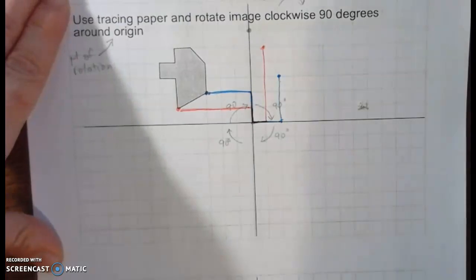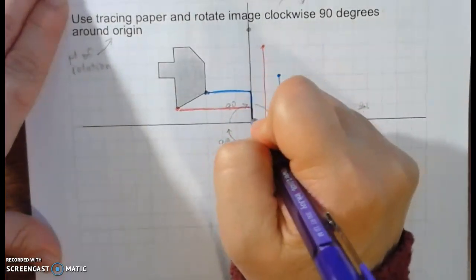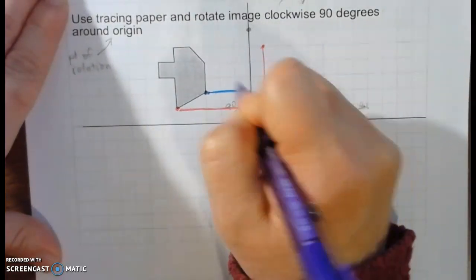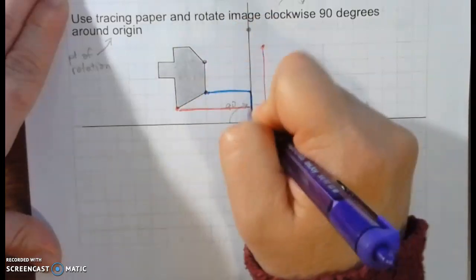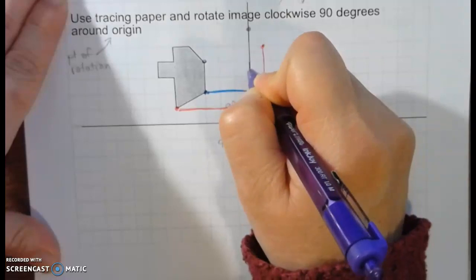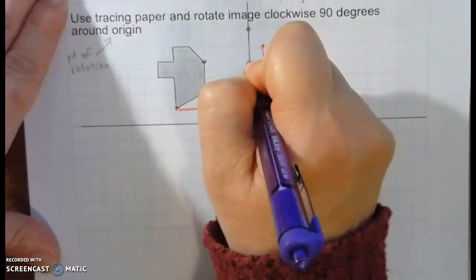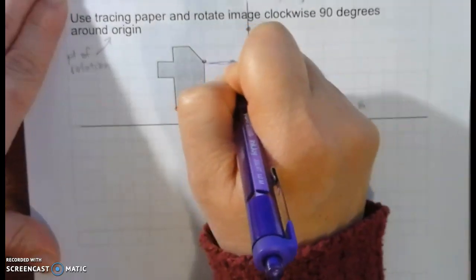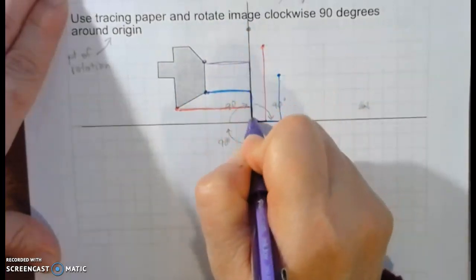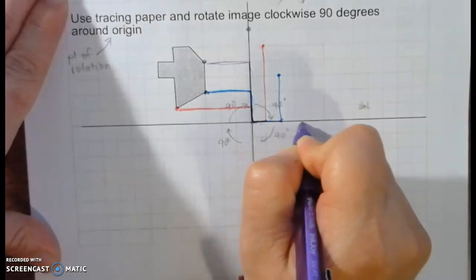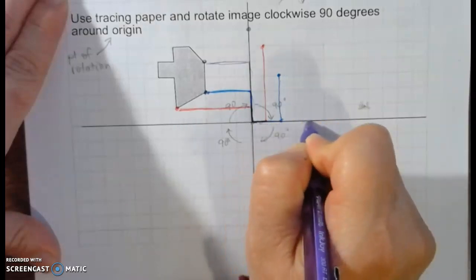And you keep doing that with each of the points. Okay, so for this vertex here, I am going to go up by 4, and then take a left turn by 3. So if I just rotate this bar here, it's going to be going to the right by 4.